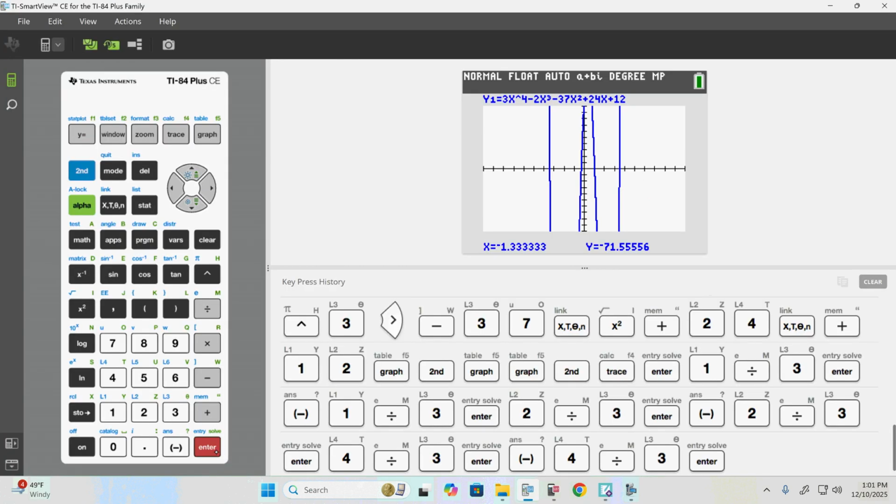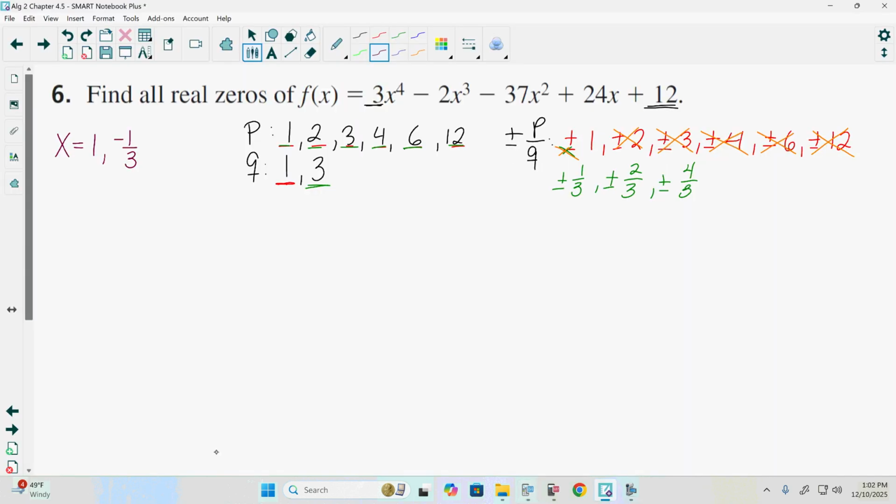Now it is also interesting to look at the graph because our two that we got were the two closer to the middle. The other two solutions, one of them is between 1, 2, 3, and 4, and the other is between -1, -2, -3, and -4. So they have to be between -3 and -4, or 3 and 4, yes? Are any of the possible rational zeros anywhere close to being between 3 and 4, or -3 and -4?